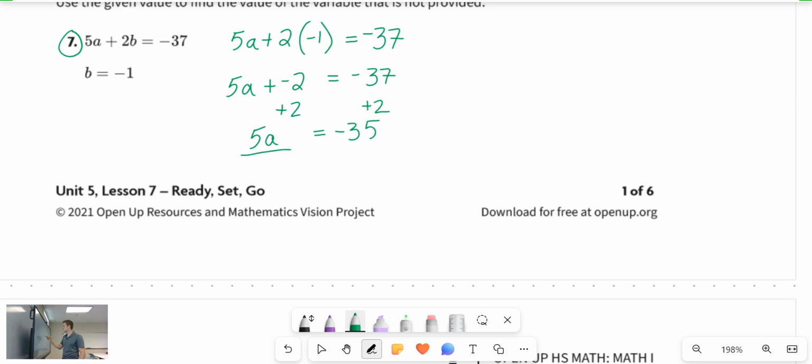And then our last step is to divide both sides by 5. So we end up with just the a on the left side equals negative 35 divided by 5, which is negative 7. All right, so a equals negative 7. Which means that in this equation, if b is negative 1, then a is negative 7.